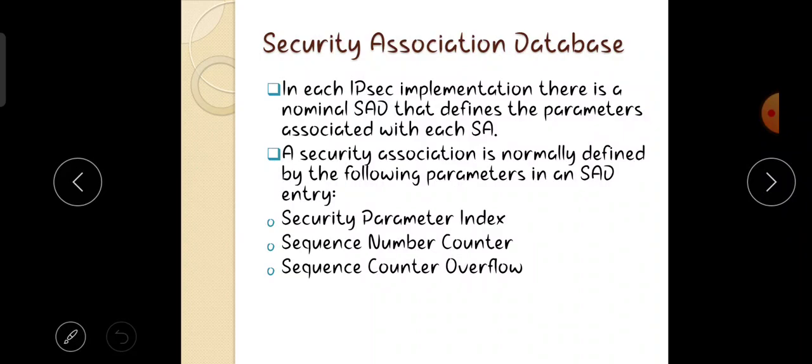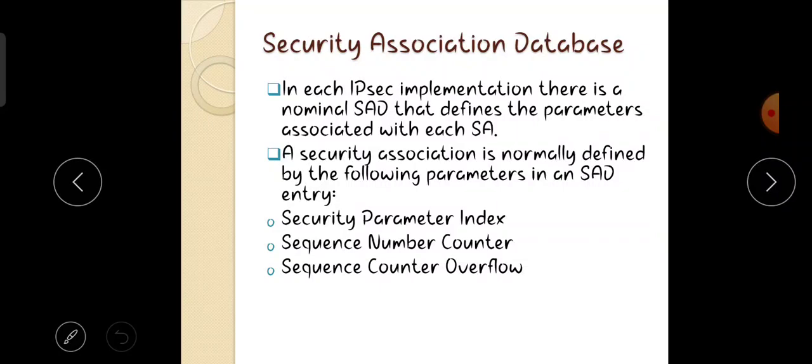It is a 32-bit value selected by the receiving end of an SA to uniquely identify the SA. The second one is the sequence number counter, a 32-bit value used to generate the sequence number field in the AH or ESP header.